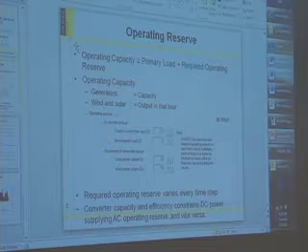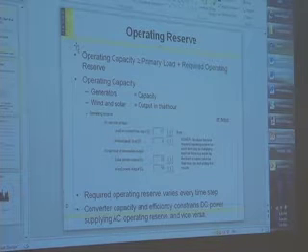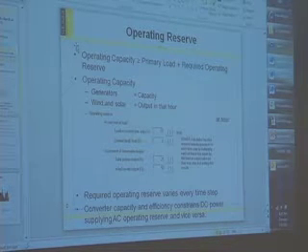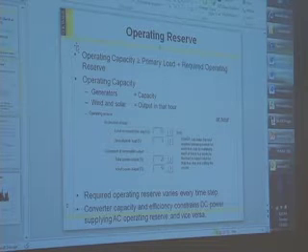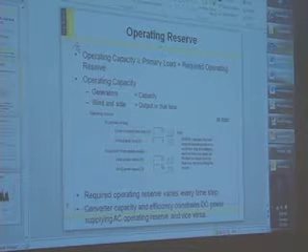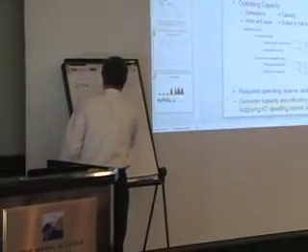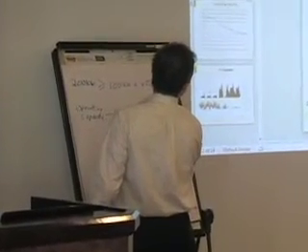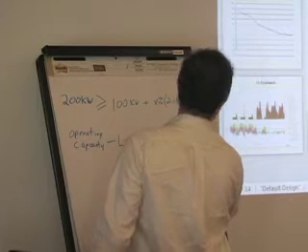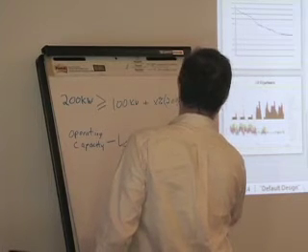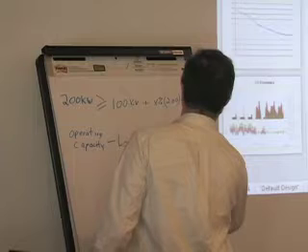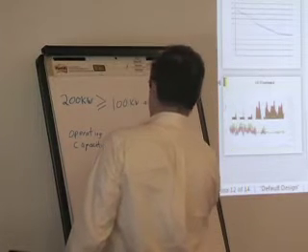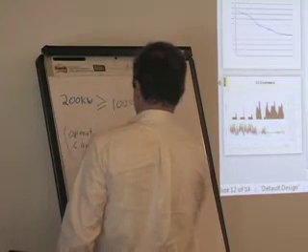That formula could be rewritten as operating capacity minus the load has to be greater than or equal to the required, let's call it, spinning reserve.